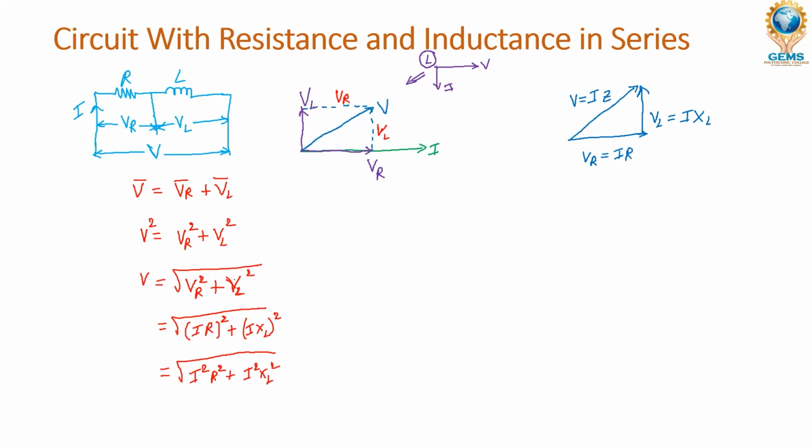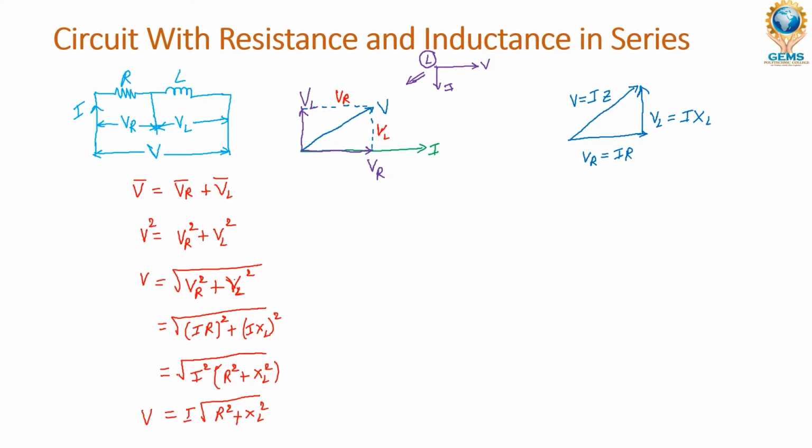Here we can take I square as common. When it comes out of the root, the square root gets cancelled. I into root of R square plus XL square. This is the V value.